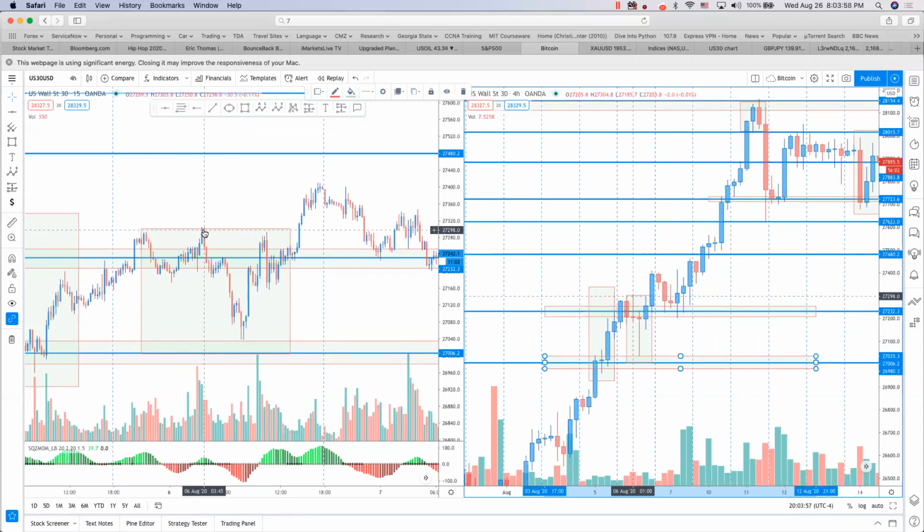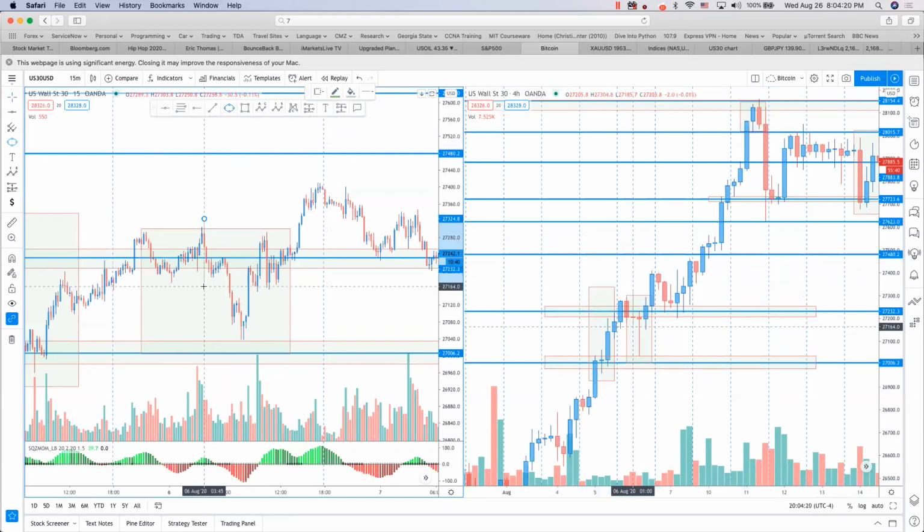This is what it looked like on the 15-minute. You got the push up, the rejection, right? Then I have the impulse back up on this candle that dropped us once we got near this area right here. So on the 15-minute, this is what you'll be focusing on, right? This area right here.